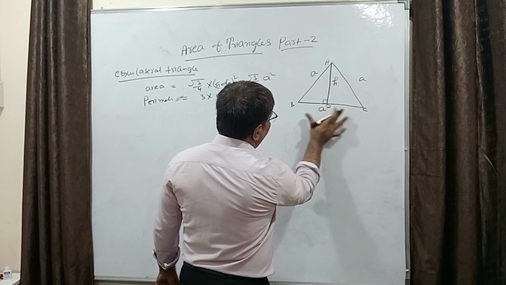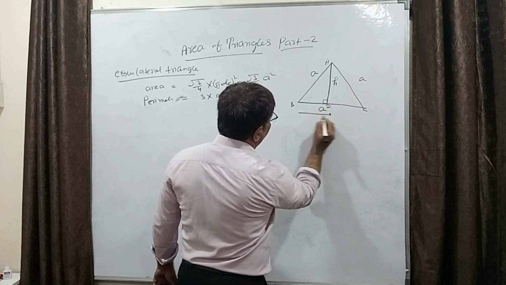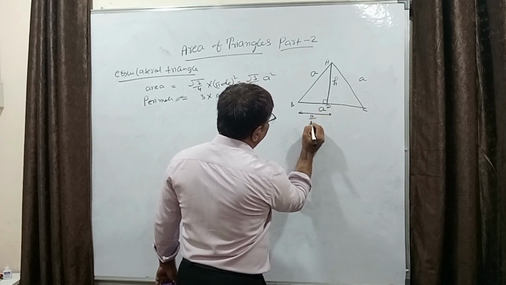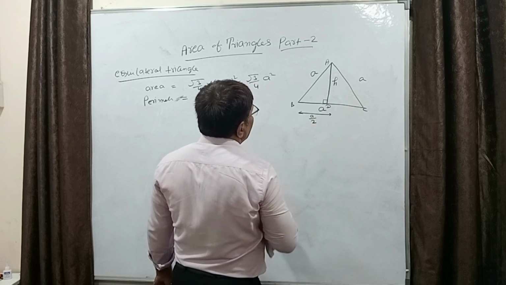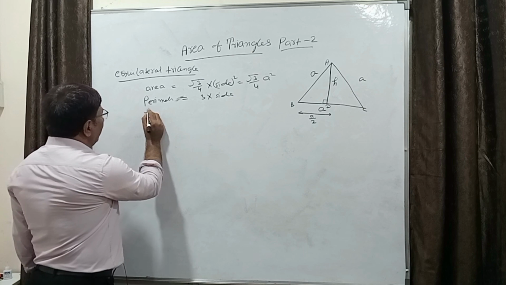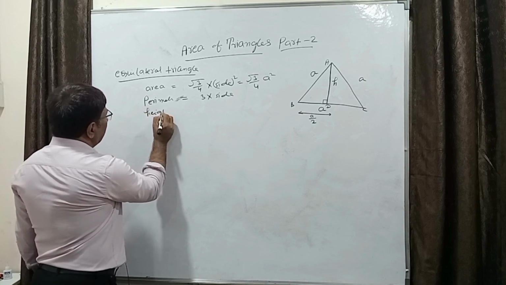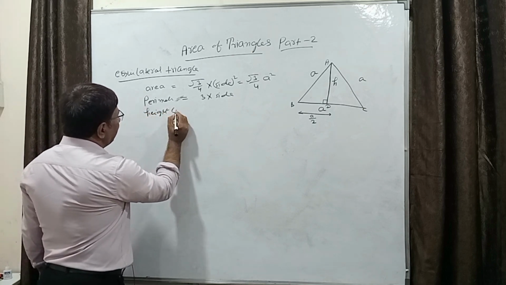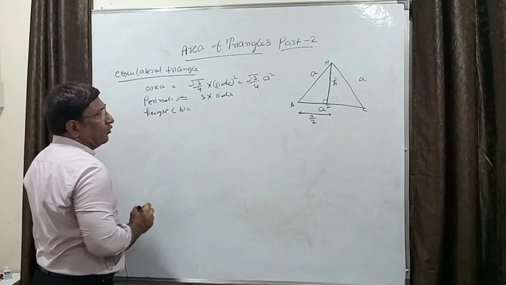So this is AD, the total is A, so this part is only A by 2. So we need H, the height of the equilateral triangle. So the height of the equilateral triangle, H equals what?